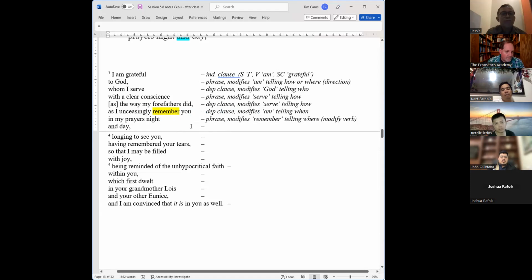Remember, if it's answering the question where, it's going to modify a verb. When? The same with the first phrase. Yes, it's modifying remember because it's telling us when. When do I remember? Night and day.